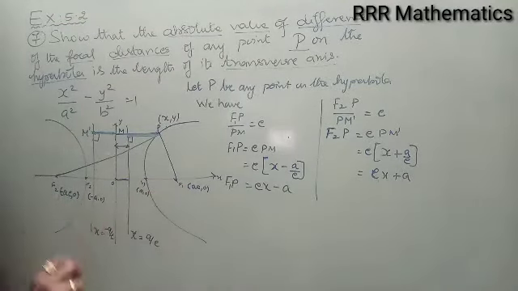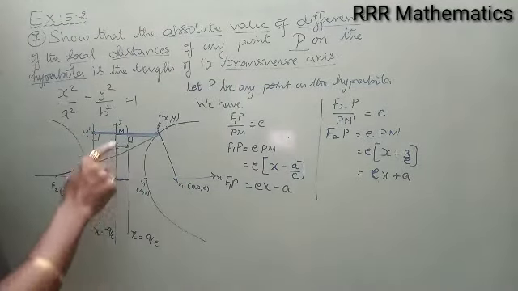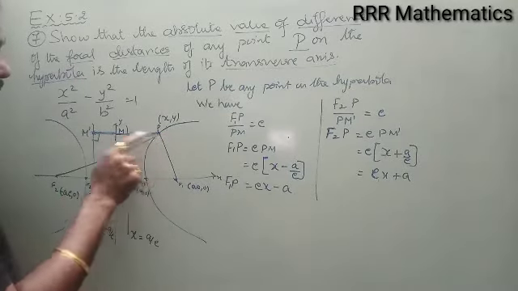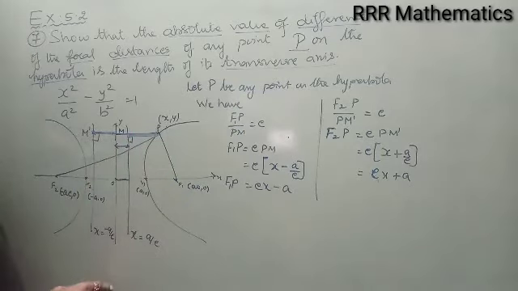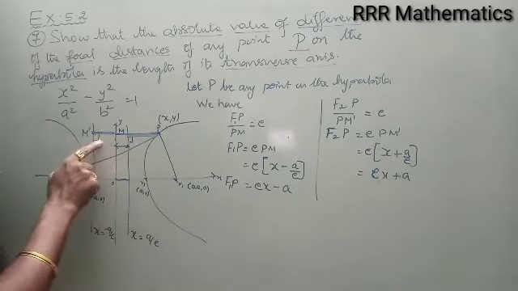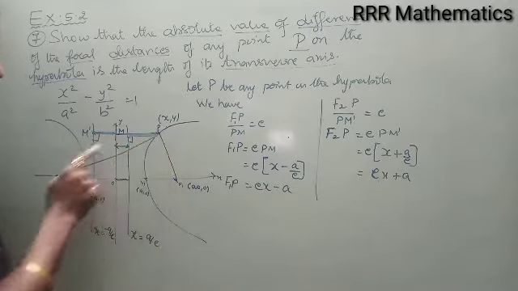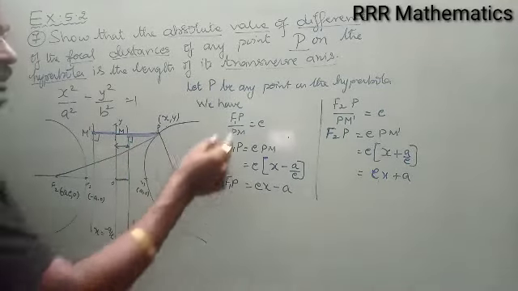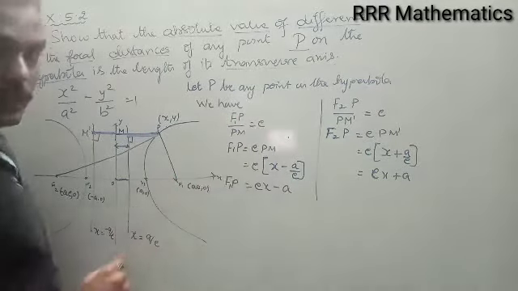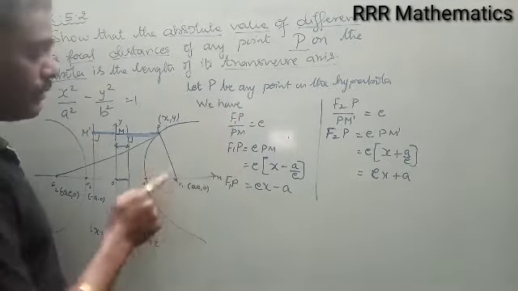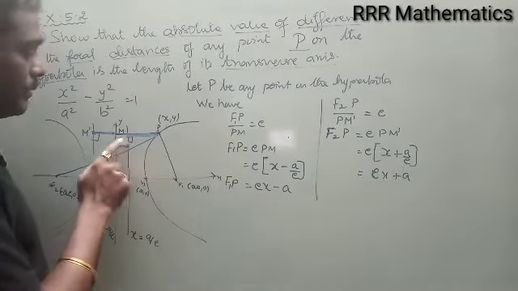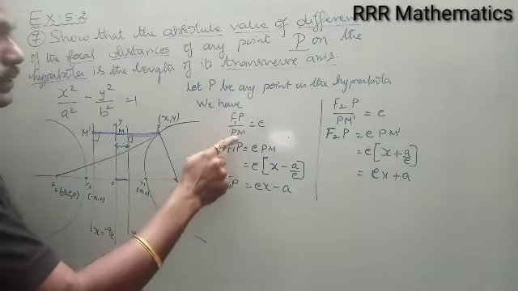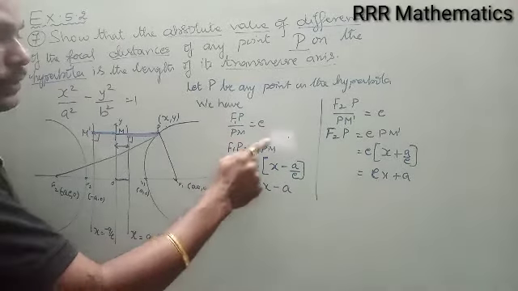I'll repeat. F1 and F2 are the two foci. P is any point on the hyperbola. PM is the perpendicular line from P to the directrix x equal to a by e. PM dash is another perpendicular line from the point P to the other directrix x equal to minus a by e. The relation is F1P divided by PM equal to e. When you cross multiply, e into PM.